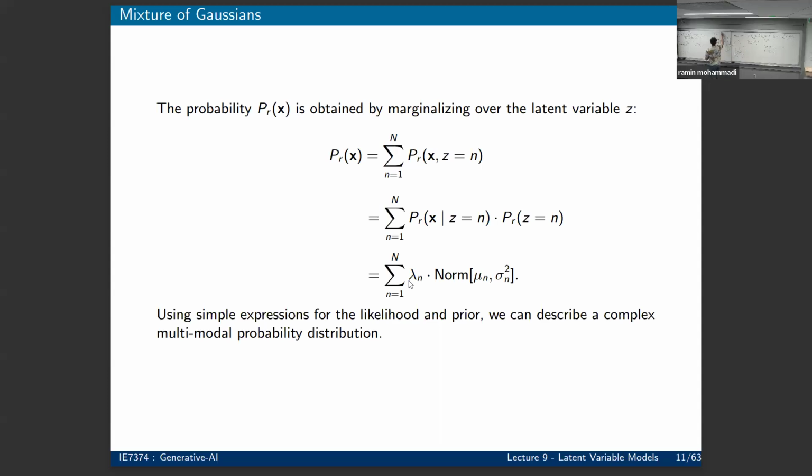So that's why the probability of X for one data point could be shown as a summation over all of these K classes, Gaussians. The sum over i from 1 to K of the probability of that Gaussian, this is pi, times a Gaussian for X, which we showed as P of X given Zi.